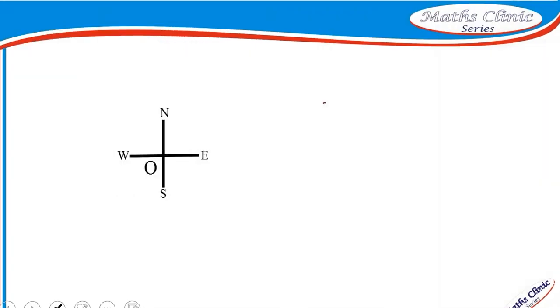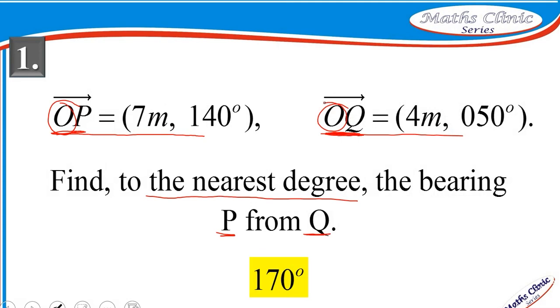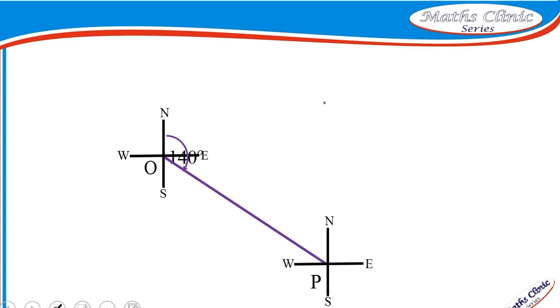The first vector is vector OP, which has a bearing of 140 degrees from O. So I'm going to take the north pole of O and measure 140 degrees, then draw our line to the point P. The next one is OQ, which also starts from O to Q and is 50 degrees. So we take 50 degrees, then travel to the point Q.